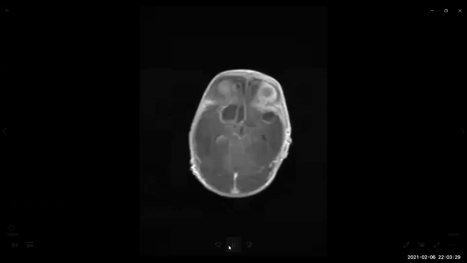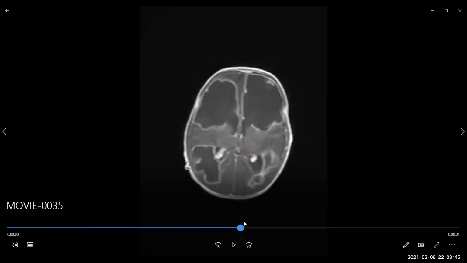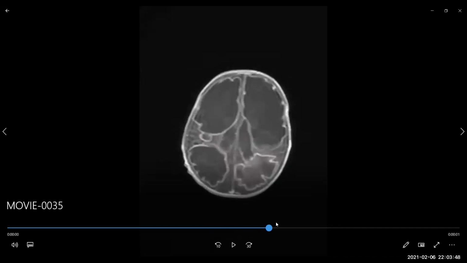Okay, so now you have these post-contrast images. I have been given a post-contrast image where I can see there is a peripheral enhancement of the involved areas, suggestive of inflammation.